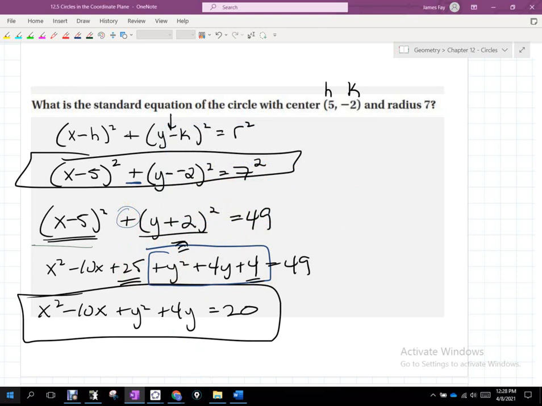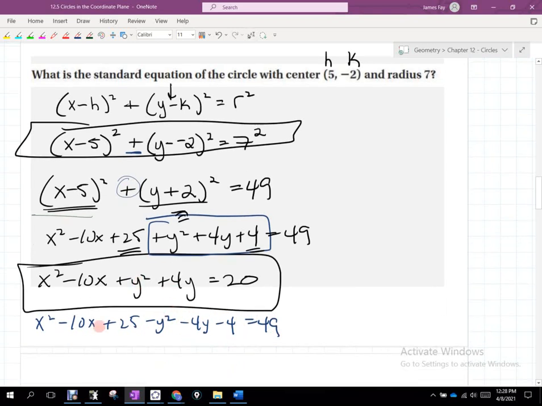Okay. But if I were to expand that, it would be x squared minus 10x plus 25 minus y squared minus 4y minus 4 equals 49. And if I simplified all that, that'd give me 21, move that 21 over, so it'd be 28 here.